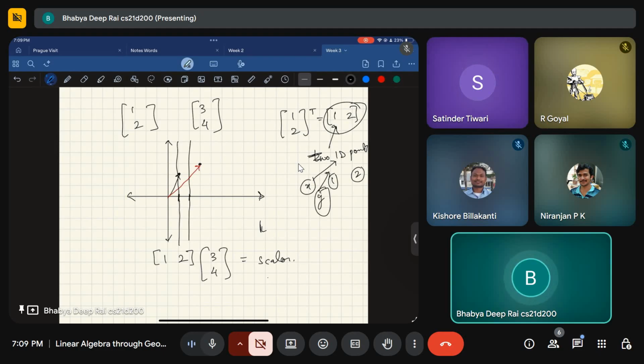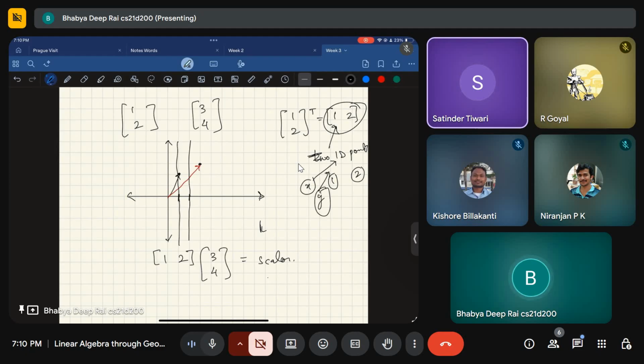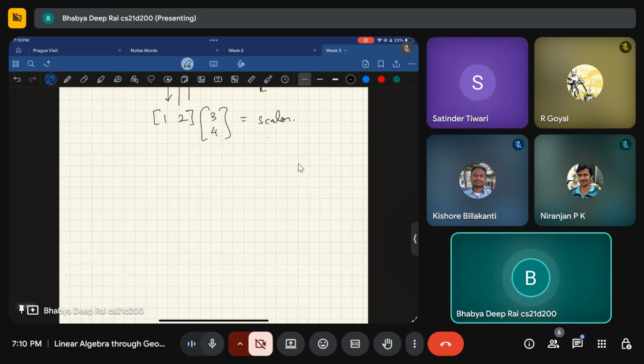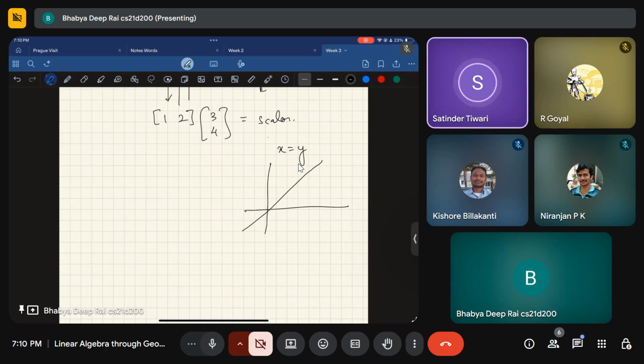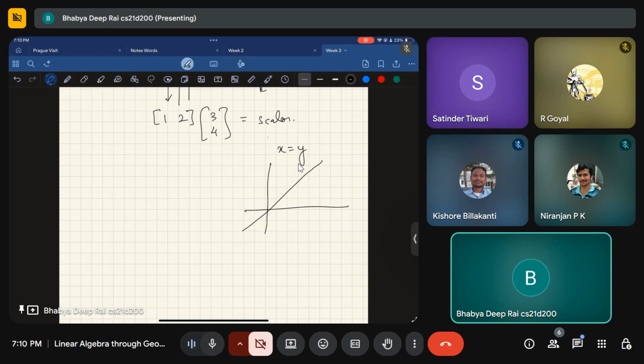But if you visualize it on a 3D plane, you will see that the plane will look like this. See, I'll show it to you. I'll plot it and show it to you. Yes, sir. Okay.